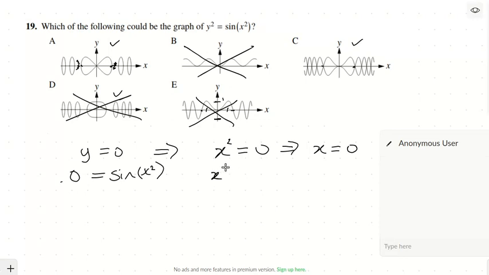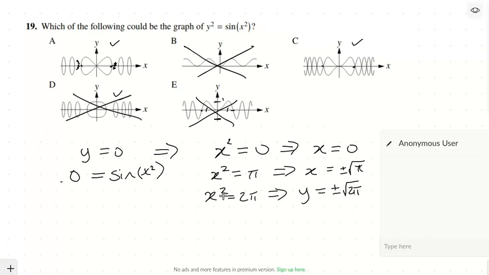So we've got x squared equals pi, in which case x is root pi, but remember it could be positive or negative, or x squared could be 2 pi, in which case x is root 2 pi, positive or negative, and so on and so forth.